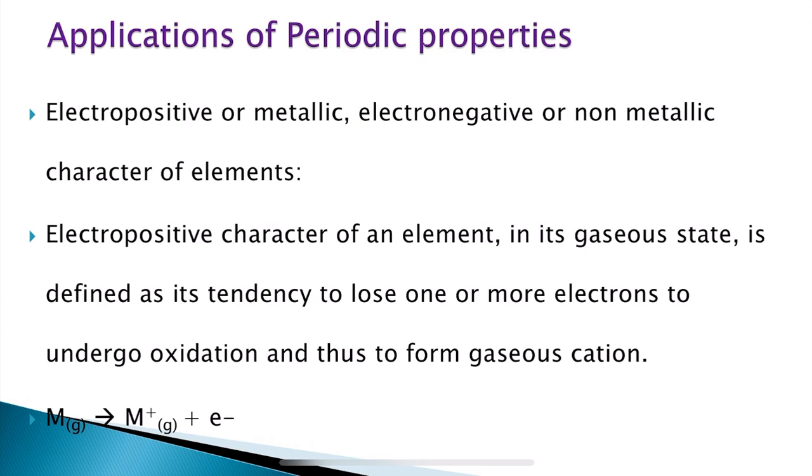If you keep a periodic table in front of you and observe the points I have just mentioned, you can see that the number of valence electrons remains constant in a particular group, and if you move from left to right across a period, the number of valence electrons goes on increasing.